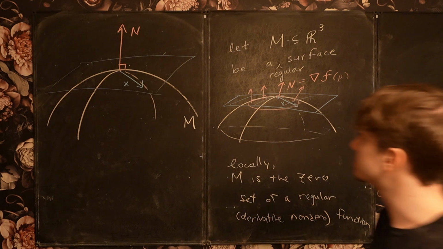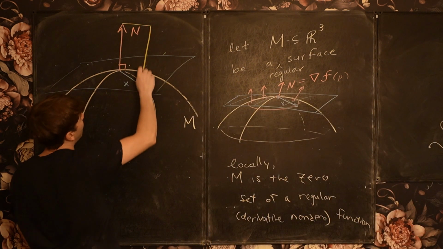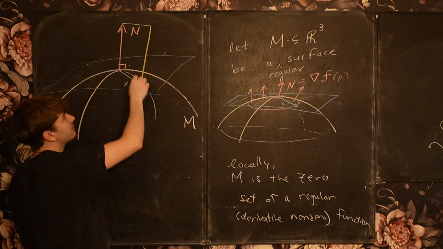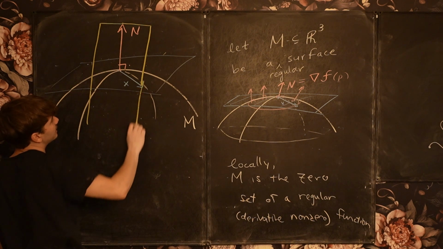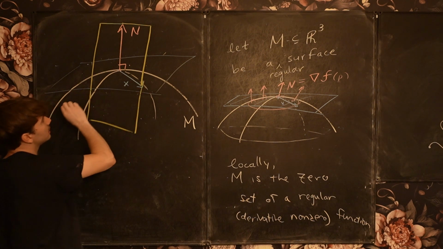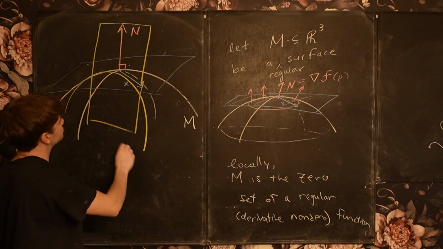Going through a lot of colors today. So if I look at this plane generated by the vectors n and x, and I use this plane to slice the surface, then essentially the surface is going to get sliced, like something like this, okay?